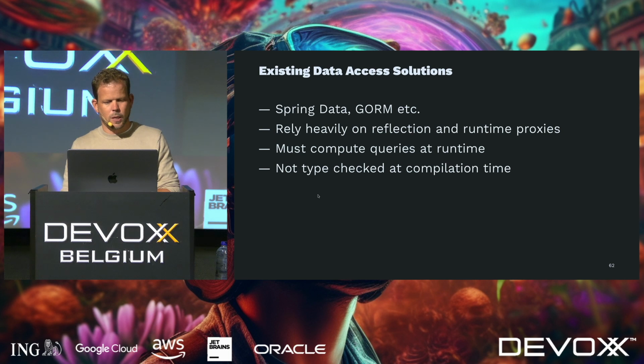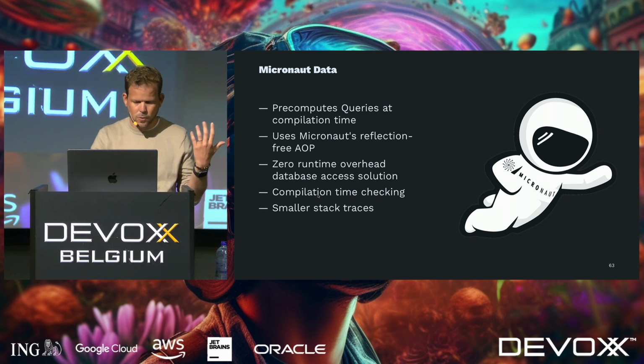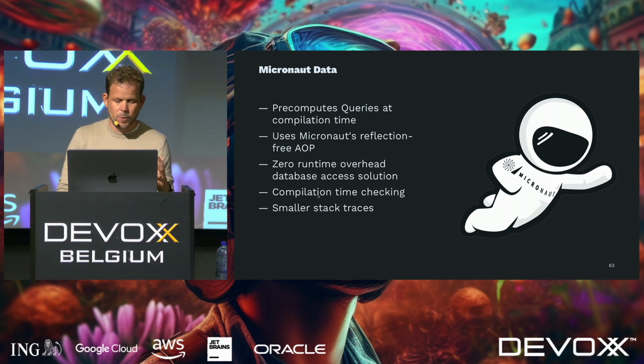With Micronaut Data, we instead compute queries at compilation time, unlike these existing solutions which are not type checked. Micronaut Data is a reimagining of the data access repository pattern to pre-compute queries in the compiler. It uses Micronaut's reflection-free AOP modules, and basically it has zero runtime overhead.